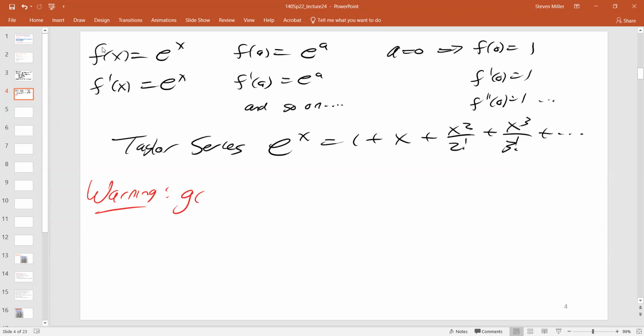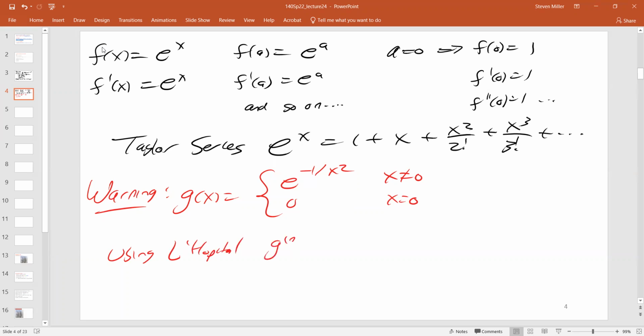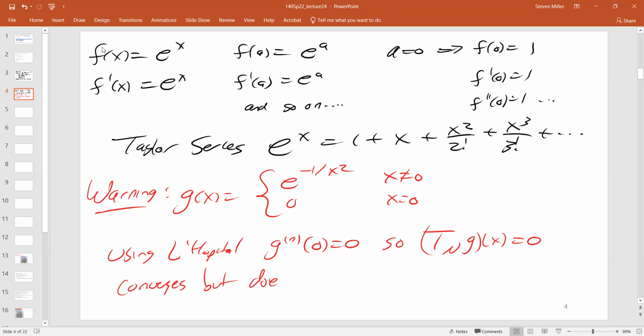If I give you the function g of x is e to the negative 1 over x squared if x is not 0, and 0 if x equals 0, using L'Hopital, you can get that all the derivatives of g at 0 are 0. So the Taylor series of g is just the 0 function. It converges, but doesn't converge to g.